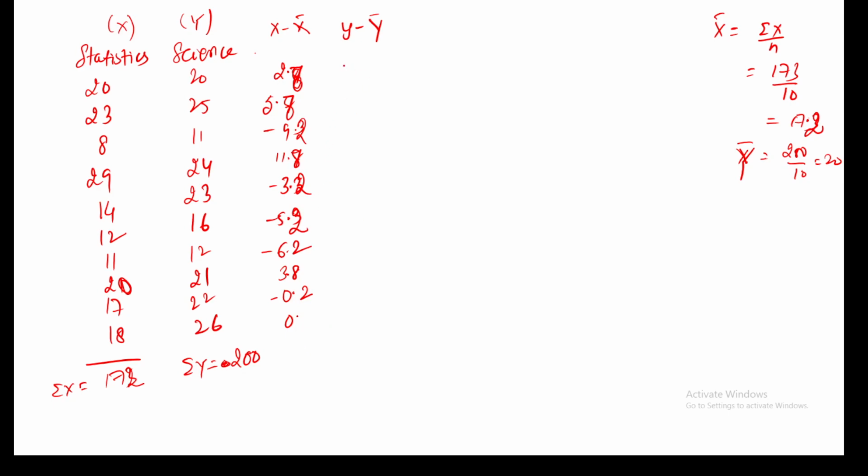Now this one will get 7.29. 20 minus 20 is equal to 0, 20 minus 20 is 0, 5 minus 9, 4, 3 minus 4, minus 8, and 1, 2, 6. We'll calculate x minus x bar whole square, y minus y bar whole square.